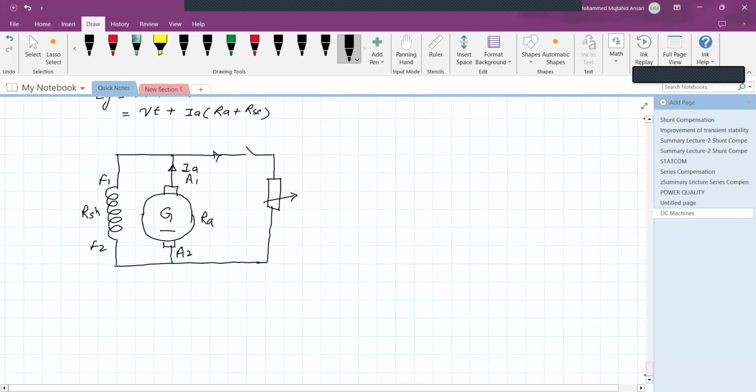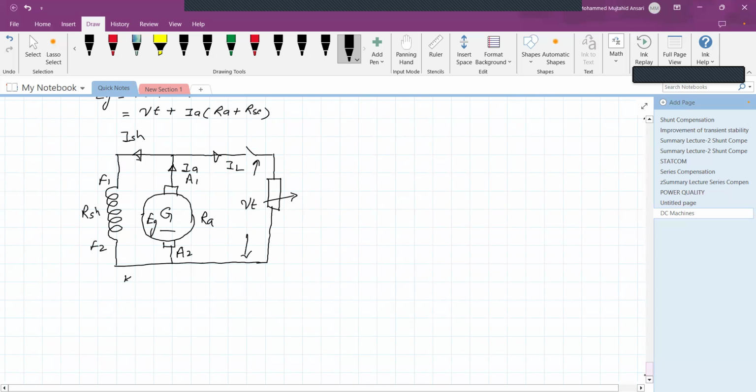The current delivered to the load circuit is IL. The current delivered to the field winding is ISH, isn't it? The voltage across the load is VT, whereas the EMF generated in the armature winding is EG. So again, we will apply KVL and KCL.